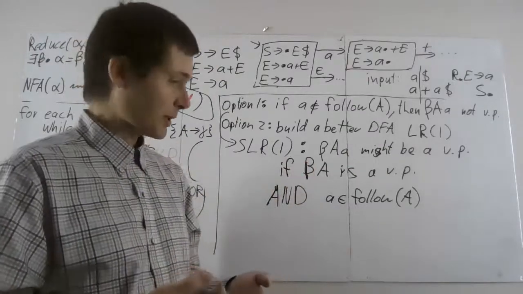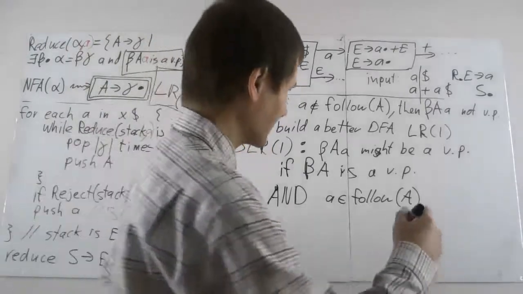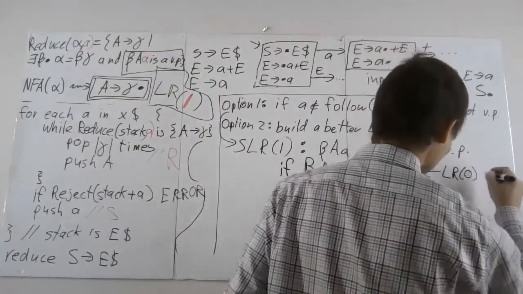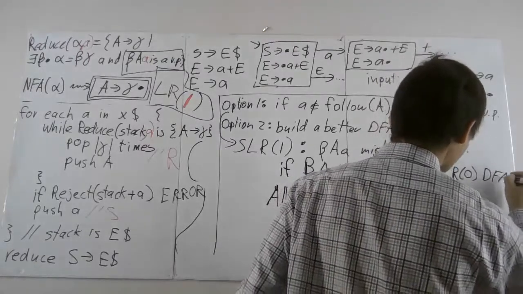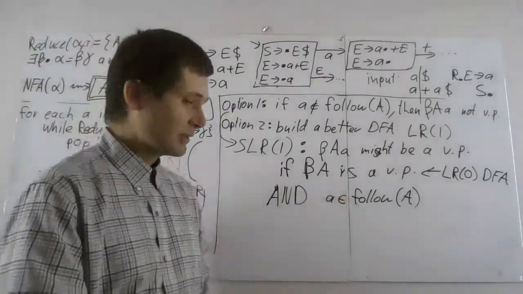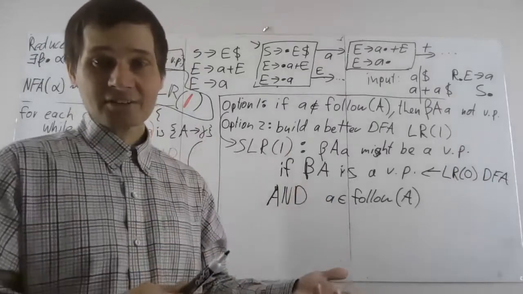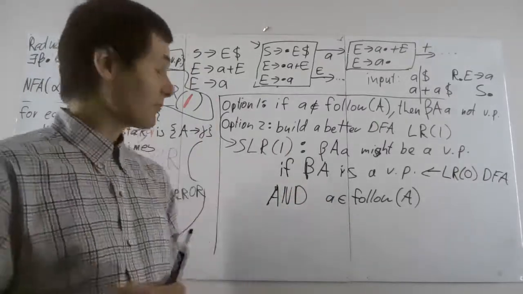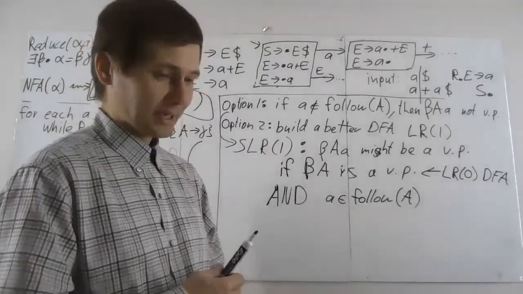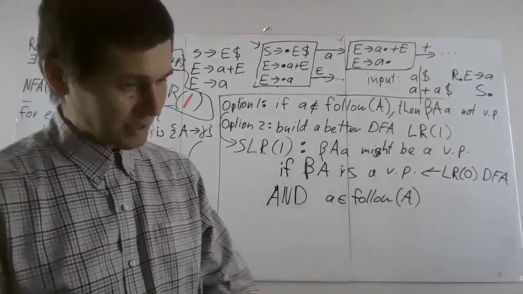And is little a in the follow set of big A? We build the follow sets beforehand, just like we did for the LL parser, so we can have a table with answers to that question as well.